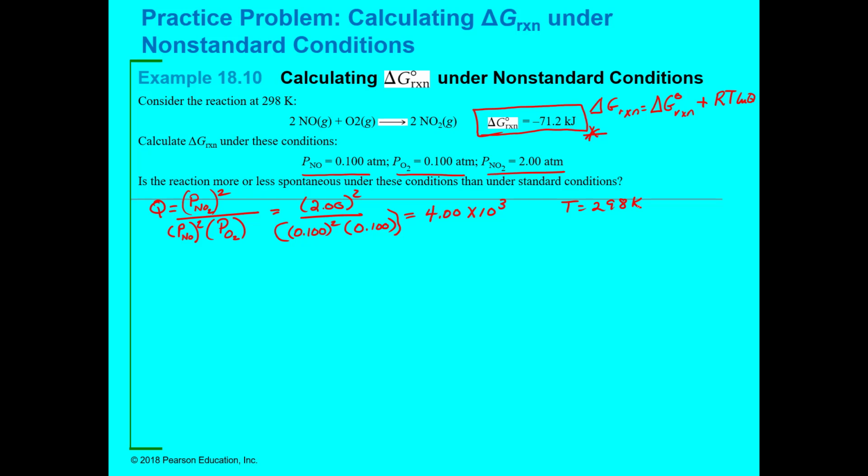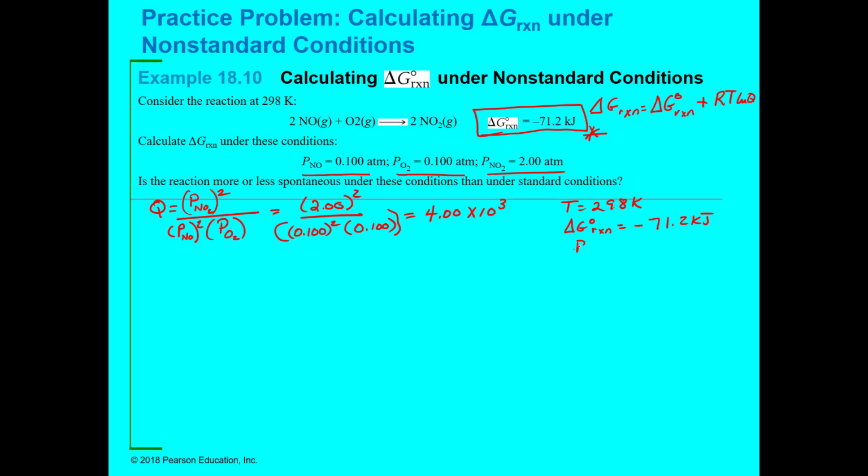I know R, and then I know what the delta G0 is, right? So my delta G0 is a negative 71.2 kilojoules. And my, what was the other thing I needed to know besides temperature?